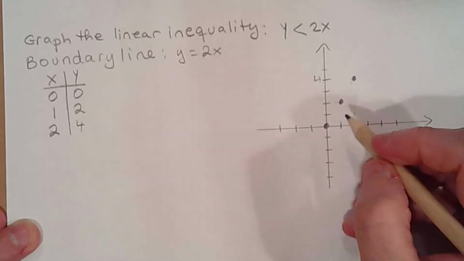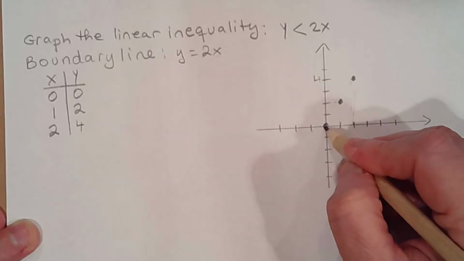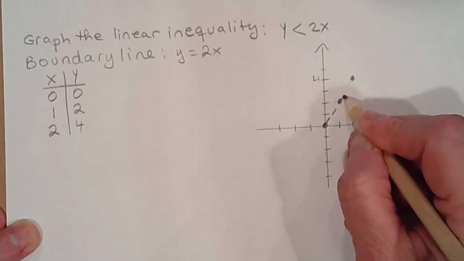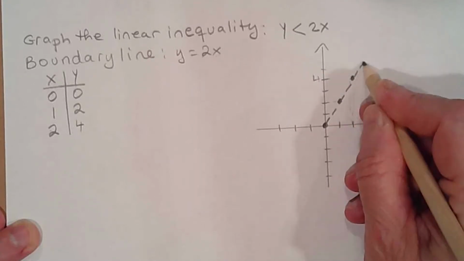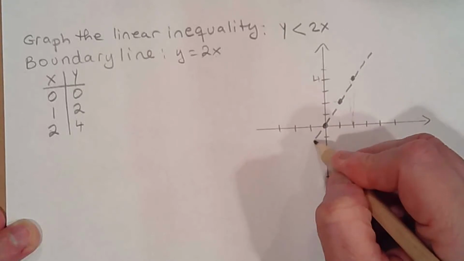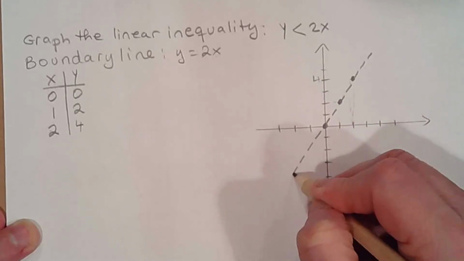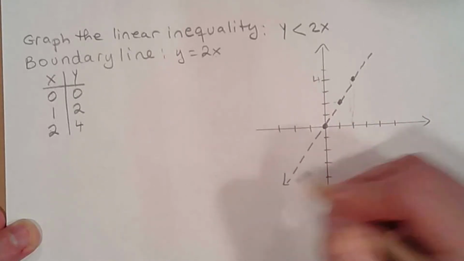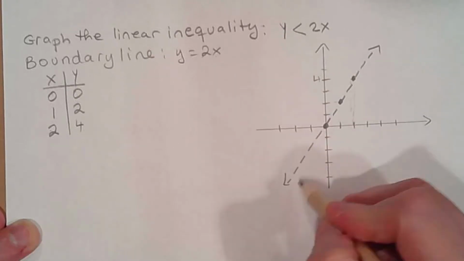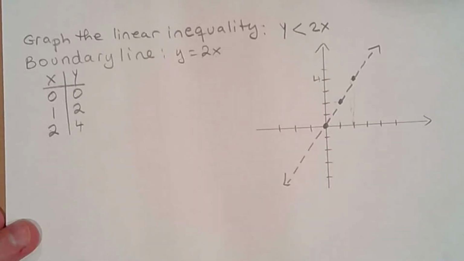So I'm going to have to draw a dashed line. Again, it's not included because I have less than, I don't have less than or equal. So the boundary line itself is not included in the solution.